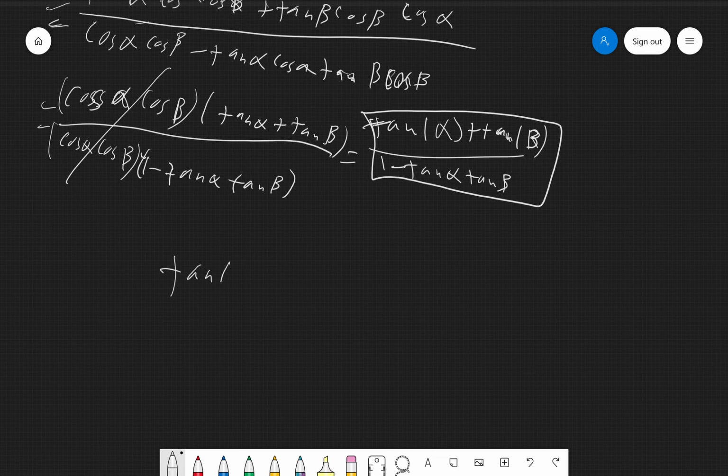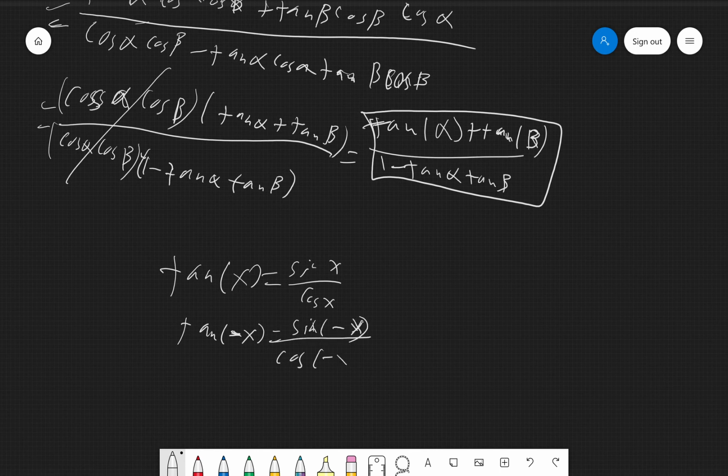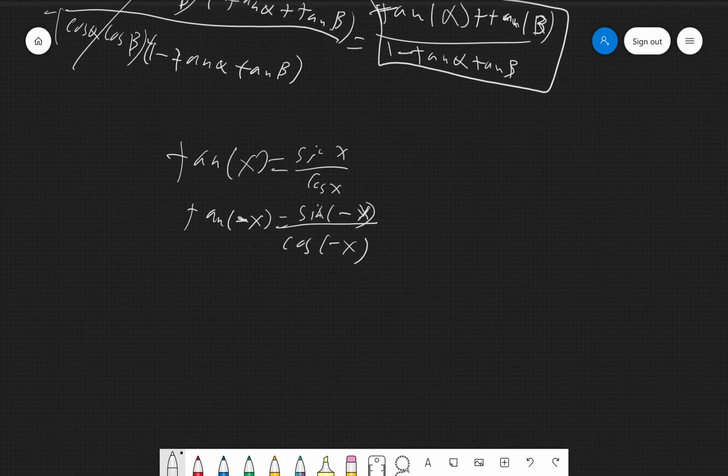Notice that tangent of x is equal to the sine of x over cosine of x. So the tangent of negative x is equal to the sine of negative x over the cosine of negative x, which is equal to negative sine of x over cosine of x, because cosine doesn't get affected by this.